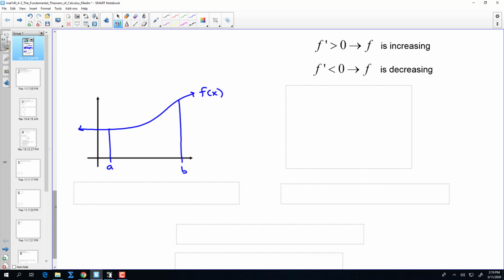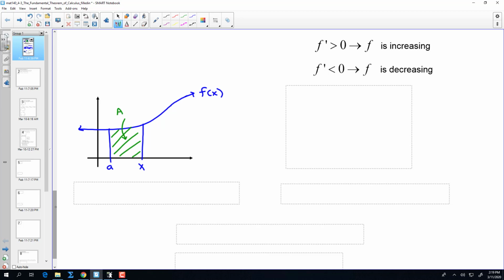Actually, I'll call this x so that it looks more like an accumulation function. So the total area accumulated under the function from a to x is this total region right here.